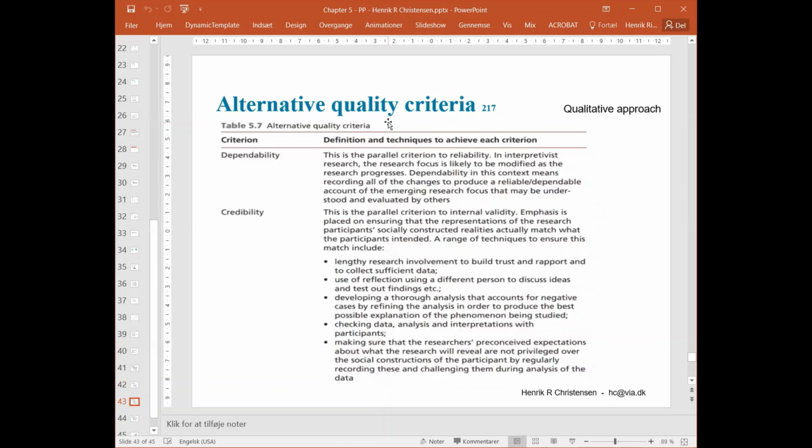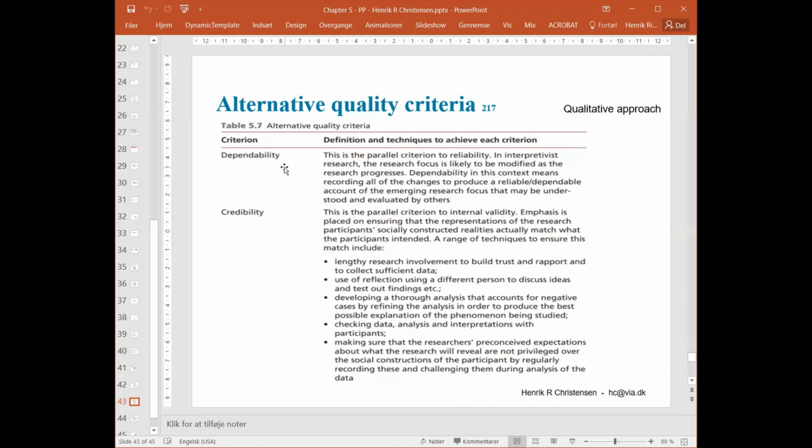And then alternative quality criteria related specifically to qualitative approaches. And here we have dependability. So please note that when we have quantitative criteria, it's easier to make an analysis and be very strict about, well, the researcher did this, the participants were exposed to this.